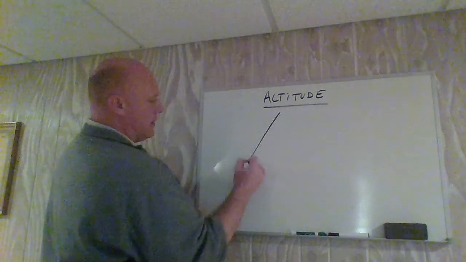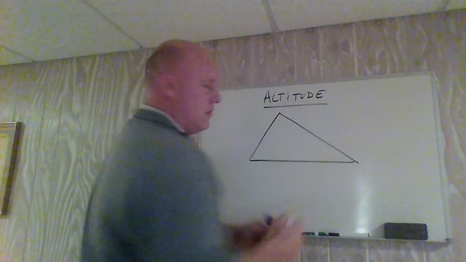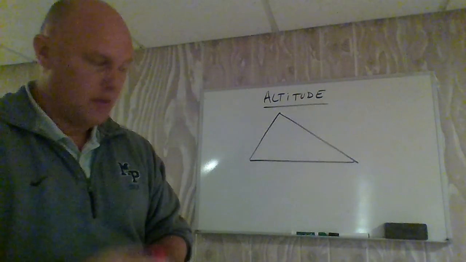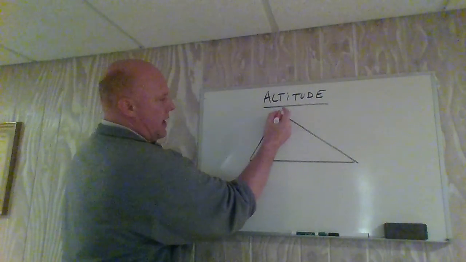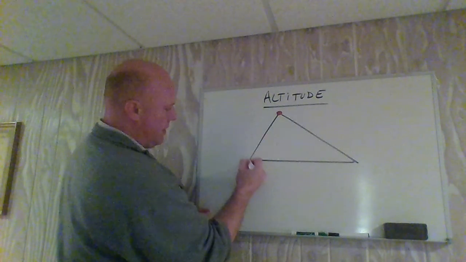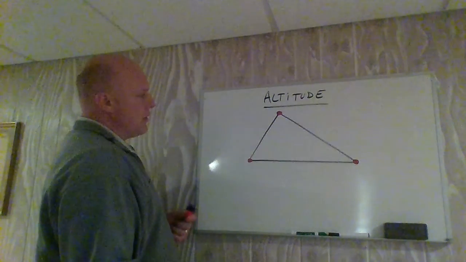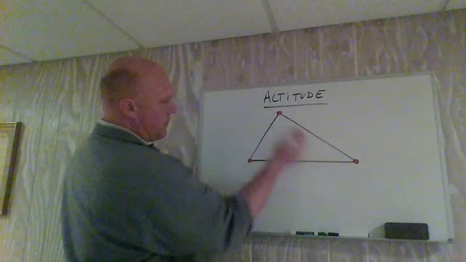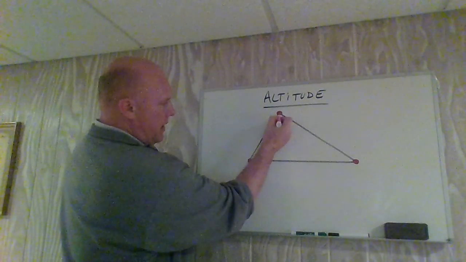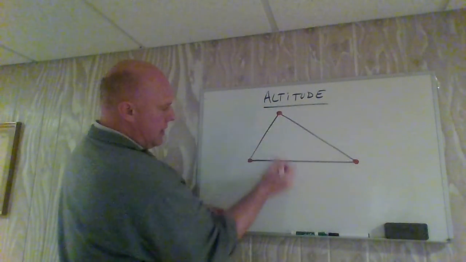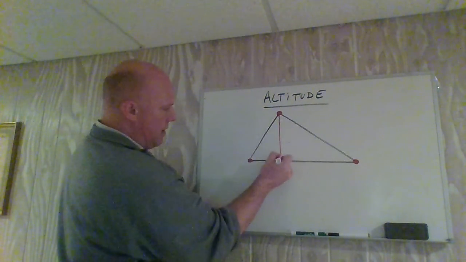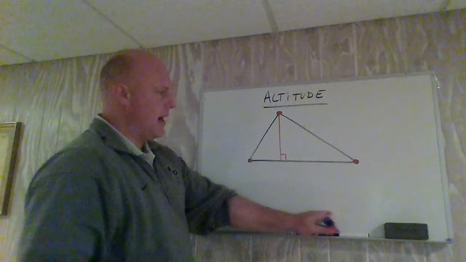Let's take the same triangle or something similar, and it'll start at a vertex. We're going to draw 3 corners, and let's start from the top corner. We're going to go in a vertical direction, and it's going to go straight down where it forms a 90-degree angle.